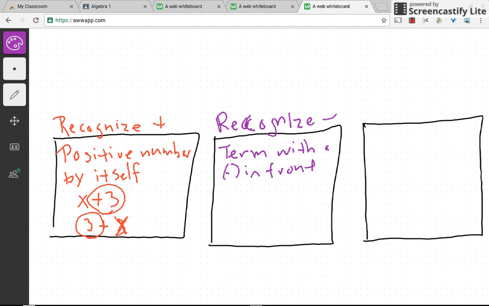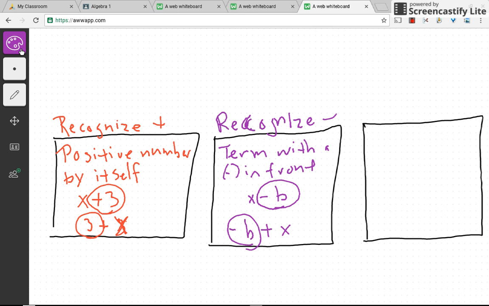That's one way to recognize it. So if I had x minus b, there it is. Or negative b plus x, well, there it is. So that would be recognizing subtraction.